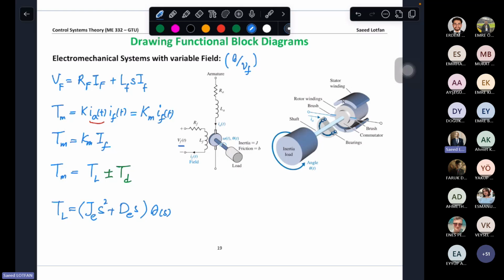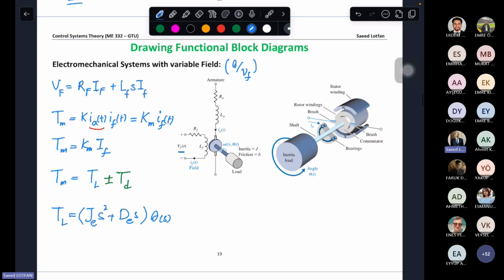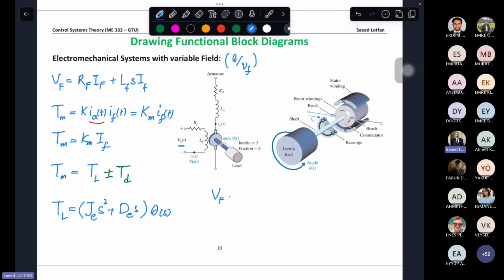With these relationships, we can find the transfer function. VF is RF plus LFS times IF, and IF is TM over KM.